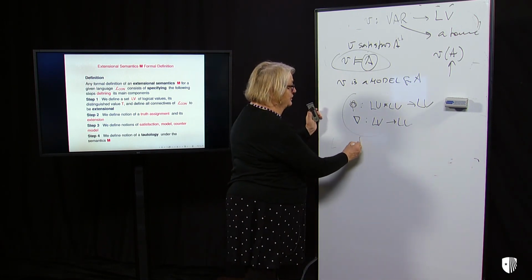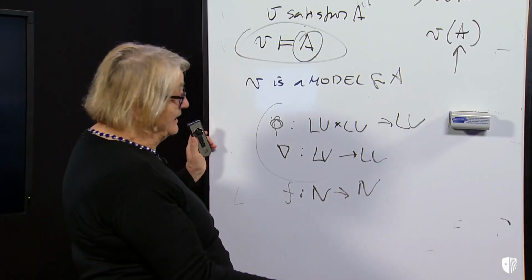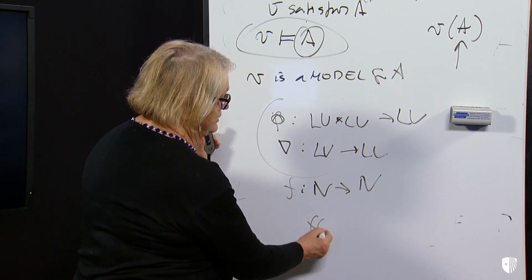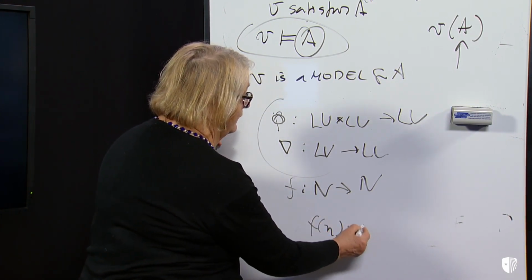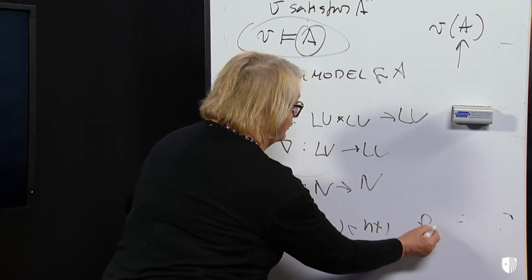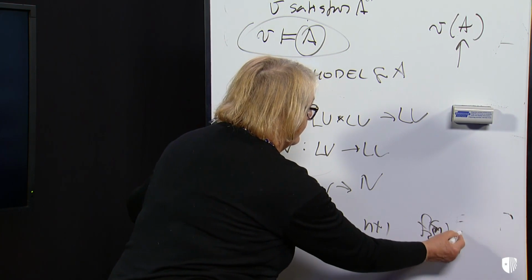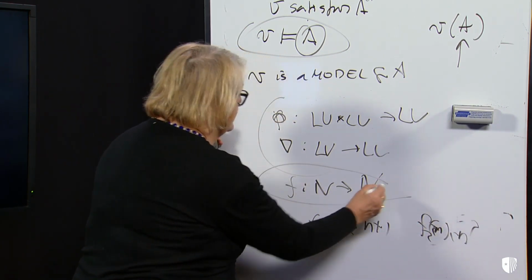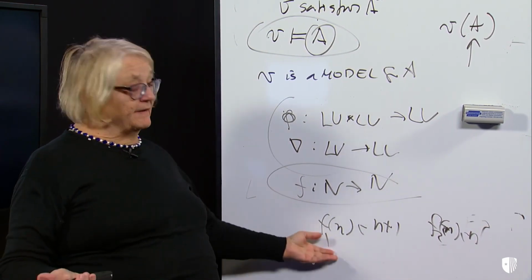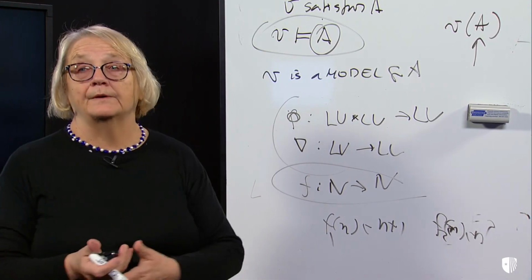If you have a function which maps natural numbers into natural numbers, it just says the function maps, and now you can say, for example, f(n) equals n plus 1 is one function, but you can also write another function, n squared. So I have a function, and then you have to define the function. Usually you define it by certain formulas or certain properties and so on.